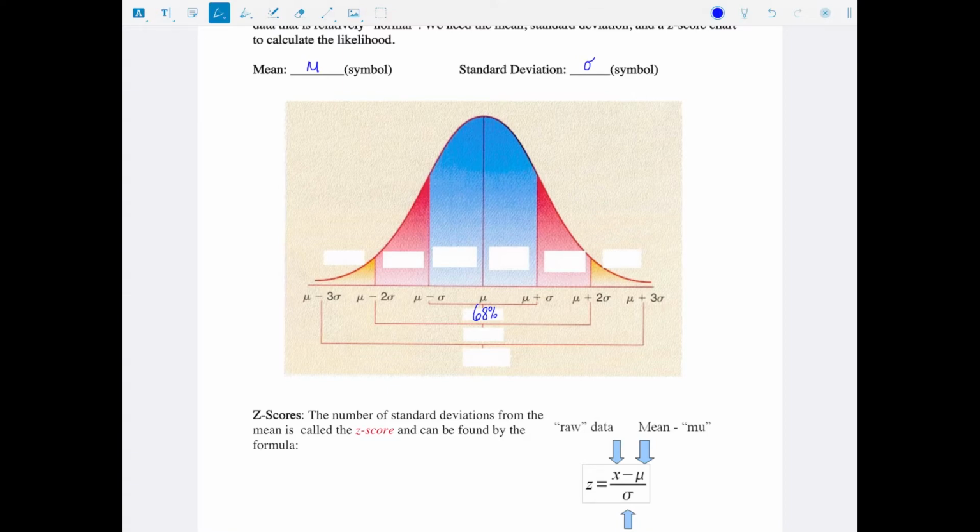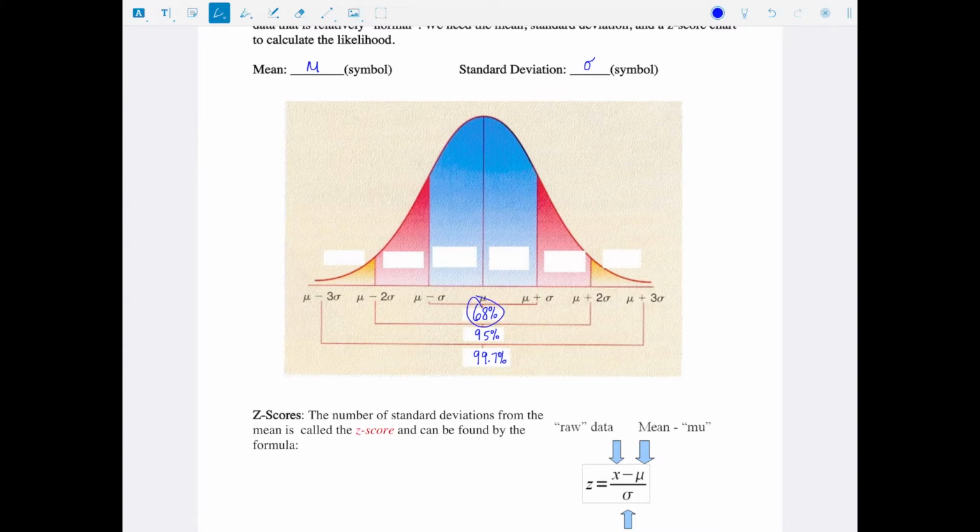So that means about 2/3 of people would lie in that range if we had something involving people. Within two standard deviations is 95%. Again, rounding numbers slightly. And then within three standard deviations is 99.7%. So we're expecting, again, if this is a poll of most people, that almost everybody would be within that range.